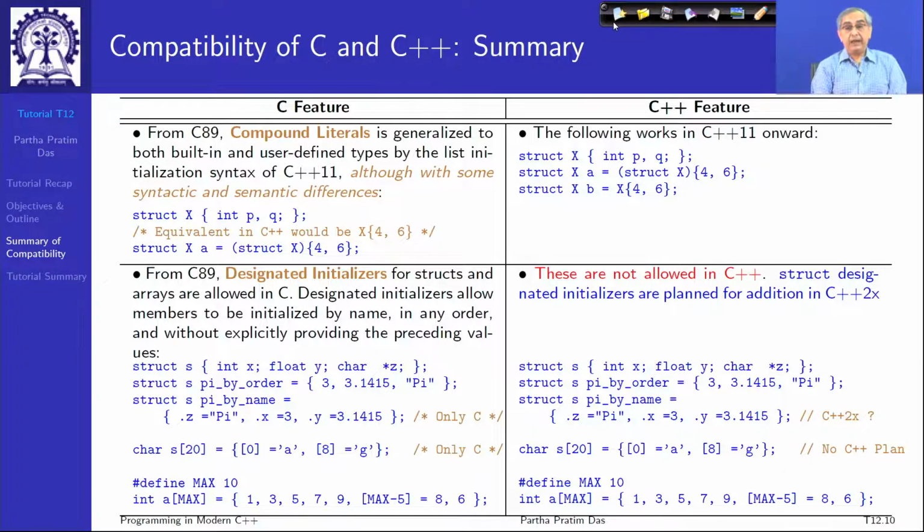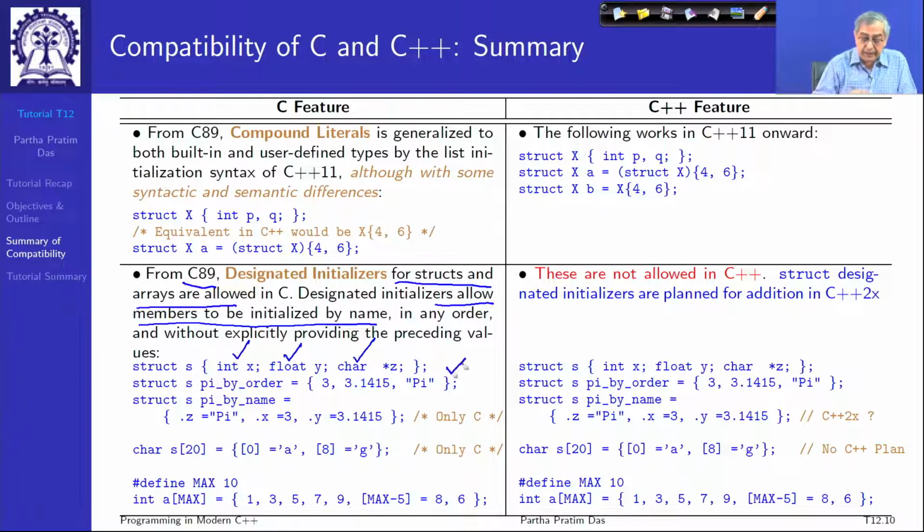The next is a designated initializer. In C89 there are designated initializers for struct and arrays. Designated initializers allow members to be initialized by name. For example, suppose I have a structure with 3 components: int, float and char.